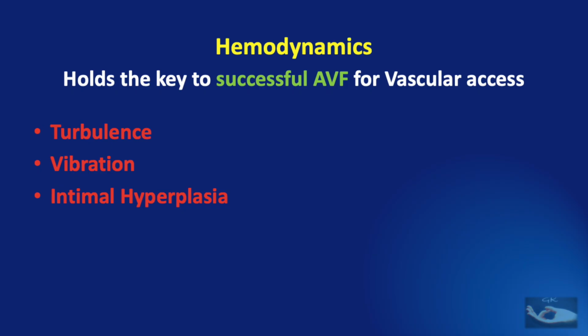This failure can occur at any point of time. It may fail primarily immediately after doing the anastomosis, it may not work, or it may fail after a few weeks, or it may even fail after many years.